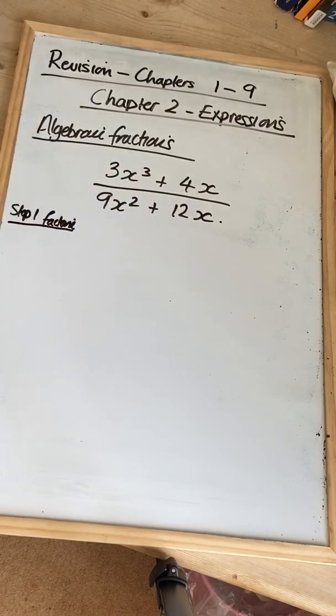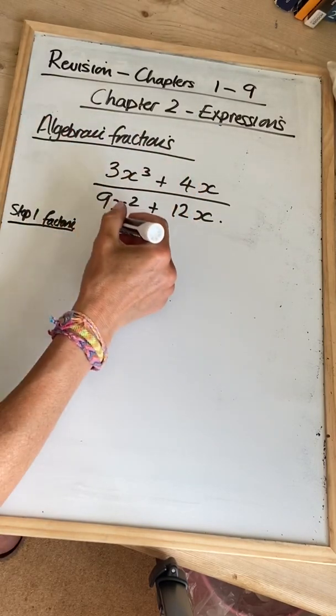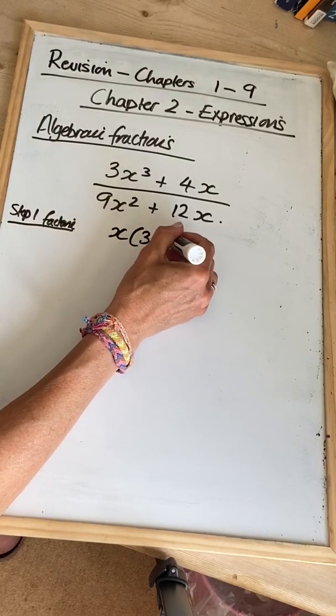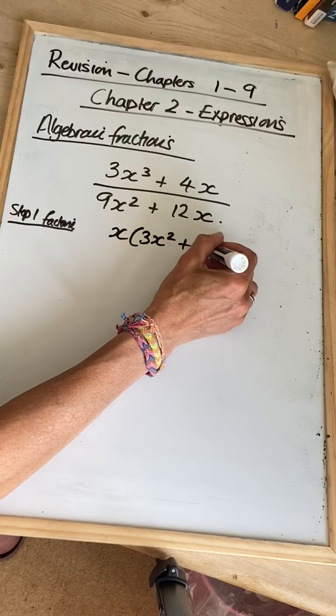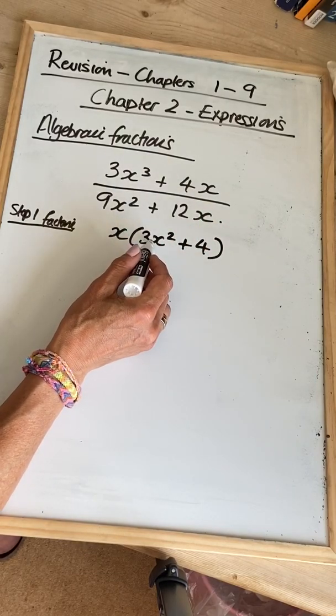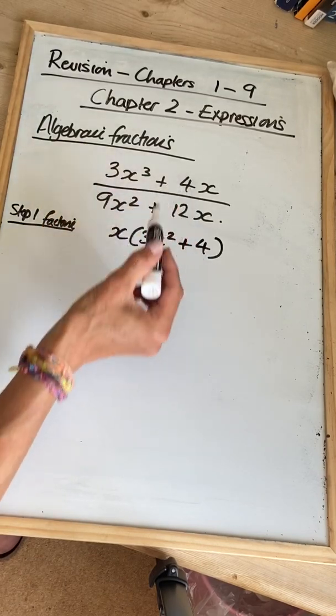On the top of my fraction, what have I got that is in both the 3x cubed and the 4x? It's just an x. That's going to give me 3x squared plus 4 inside my brackets. The x on the outside has got to be multiplied by 3x squared to get to the 3x cubed, and by 4 to get to the 4x.